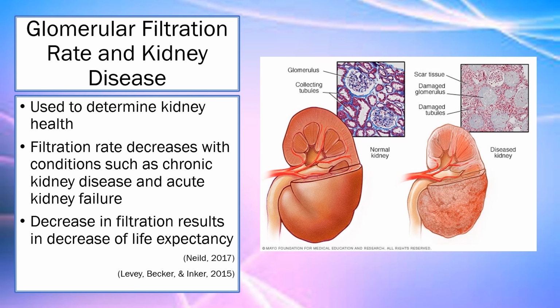As this rate decreases, so does the life expectancy. When it is between 45 to 59, life expectancy drops by 20%. Between the levels of 30 and 44, it drops by 50%.